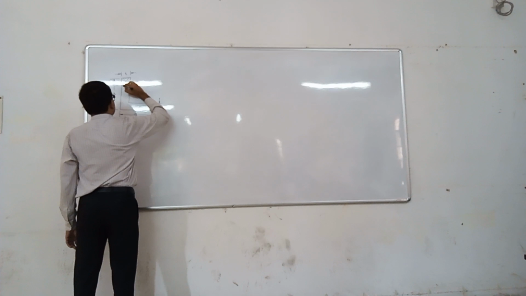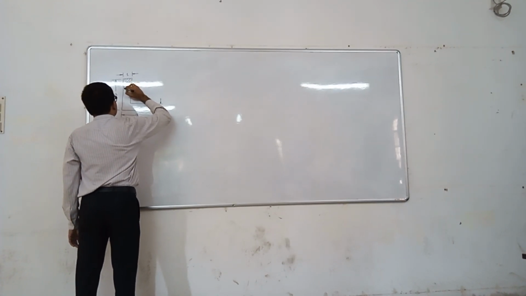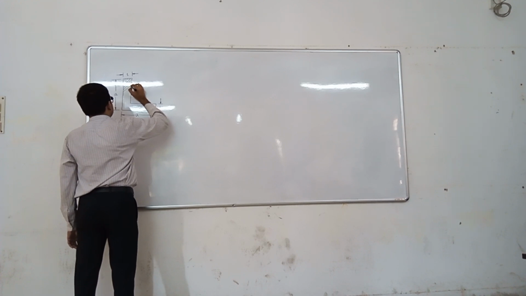We are interested in calculating the centroid. Centroid and center of mass will be coincident if it is homogeneous.